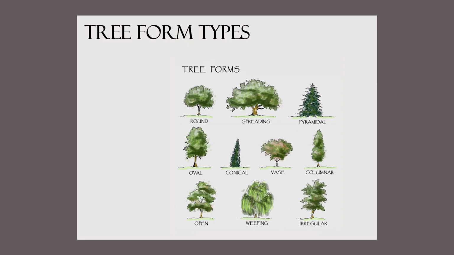So you have round, spreading, pyramidal, oval, conical, vase, columnar, open, weeping, irregular. There's different terms that are used to describe these general shapes, and what I want you to do is to get used to learning to see these shapes when you're actually out on a job site.